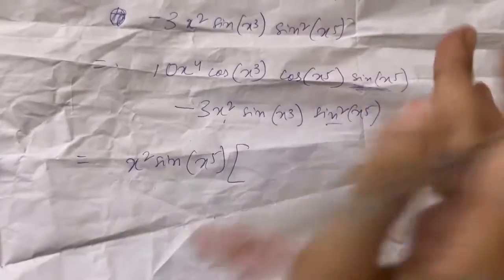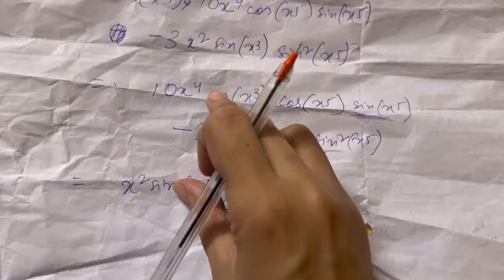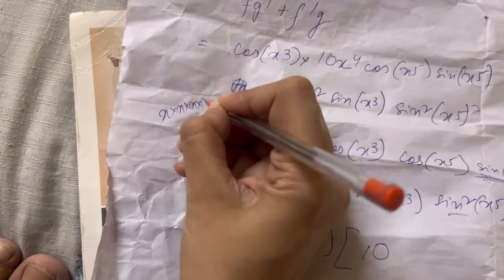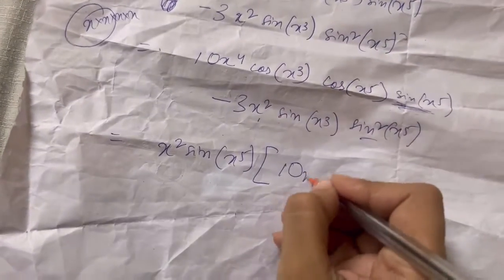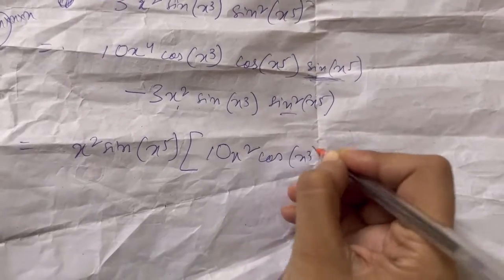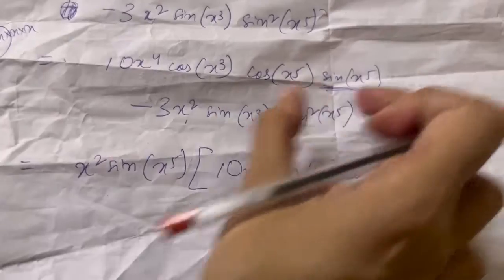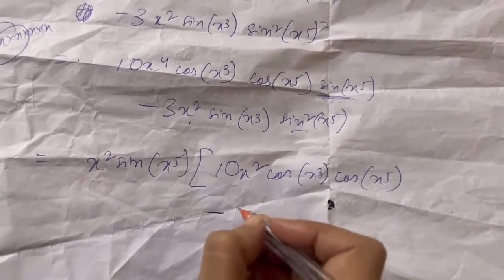So yes, x square is common and sine x to the power 5, so whatever I am left with. So x square common, so it will be x to the power 4, right? X to the power 4 means 4 times x. X square already gone out, so you're left with x square. Repeat cos x to the power 5, stop over there because sine x to the power 5 is already out. We have factorized minus 3.